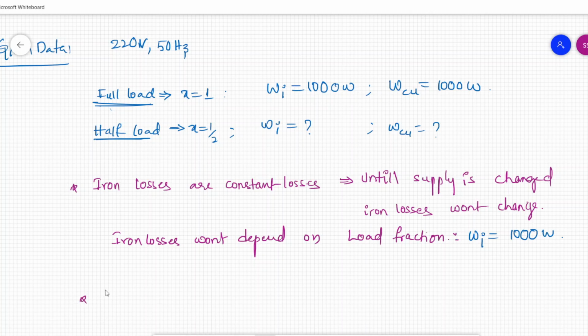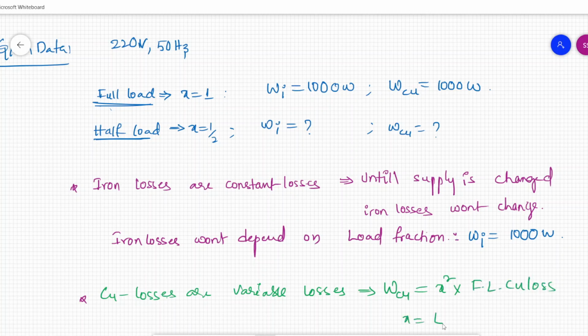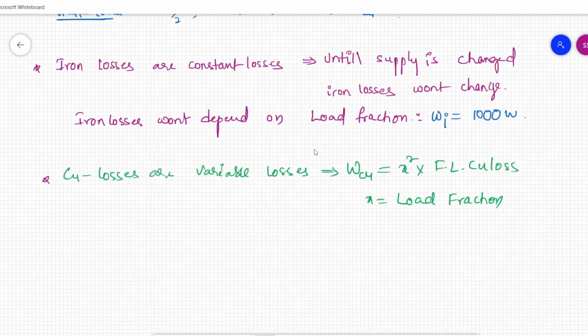But copper losses are variable losses. I have already given you the expression: copper loss equal to x square into full load copper loss, where x is the load fraction. In the given question, what is the load fraction here? It is half full load, that is, load fraction x equal to 1 by 2.